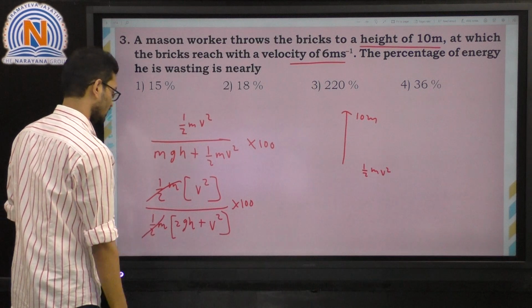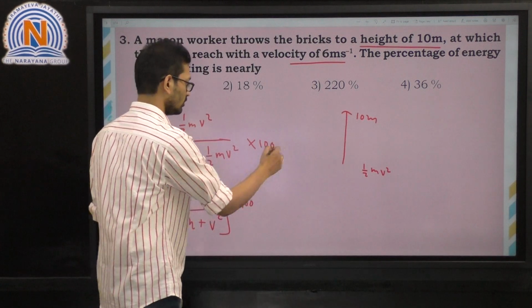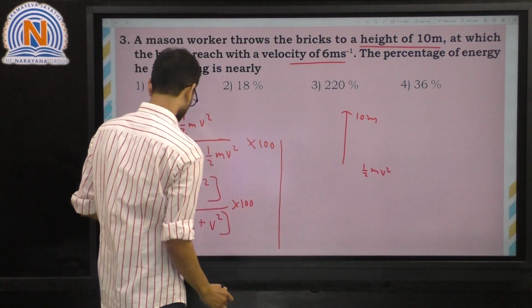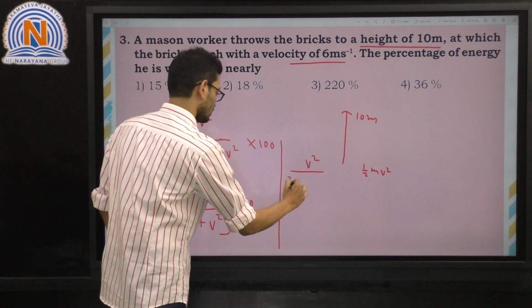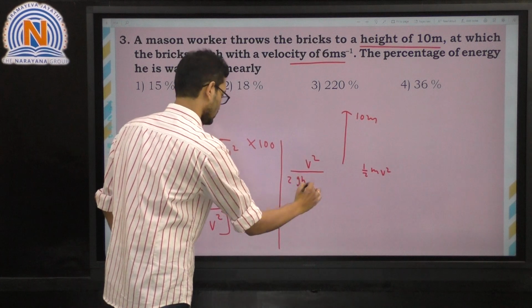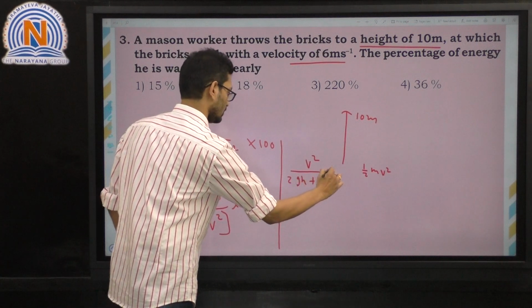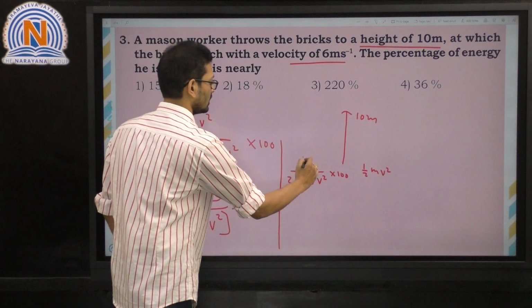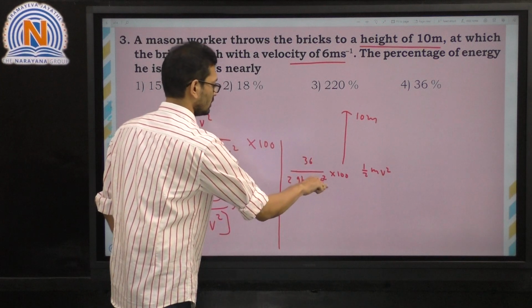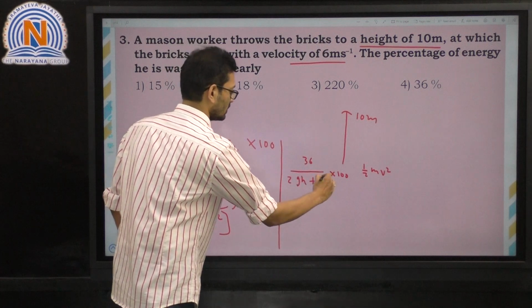Half m gets cancelled, so you will be left over with v square by 2gh plus v square into 100. So your v square is how much? 36. Here also you will be getting 36.